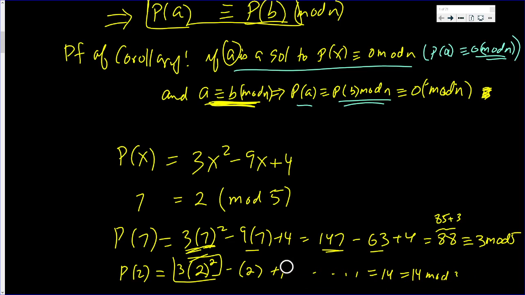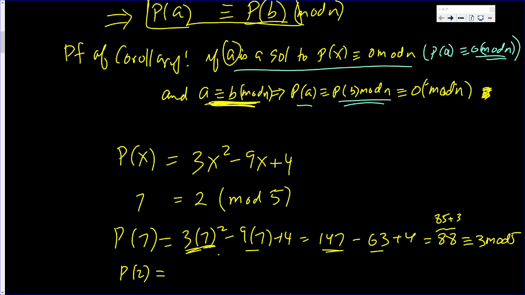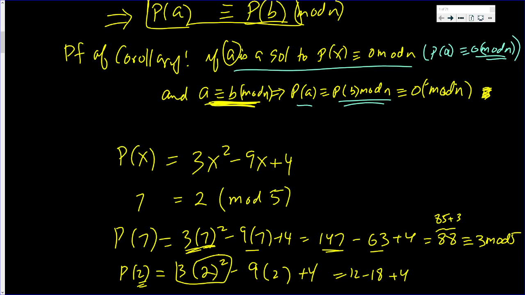You're all telling me, why didn't you multiply by 9? I didn't hear you. It's 3 times x squared minus 9 times x plus 4. Plug in 2. This is 3 times 4 minus 18 plus 4. That's 16 minus 18, which is negative 2.